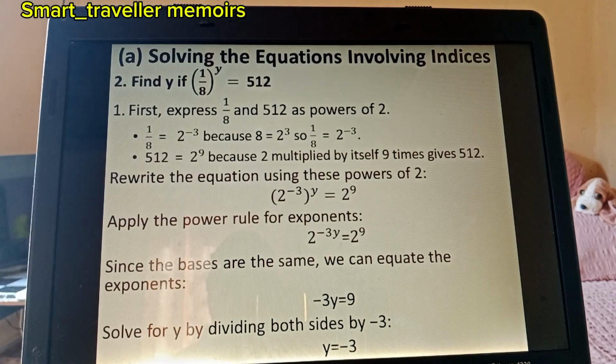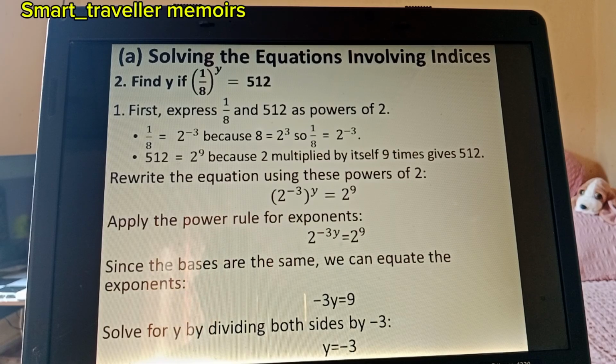And therefore, 1 over 8 is equal to 2 raised to negative 3, because 8 equals 2 cubed. So 1 over 8 must be equal to 2 raised to negative 3.